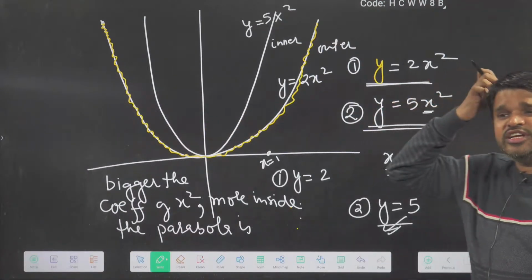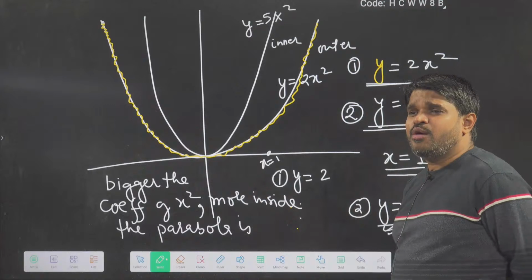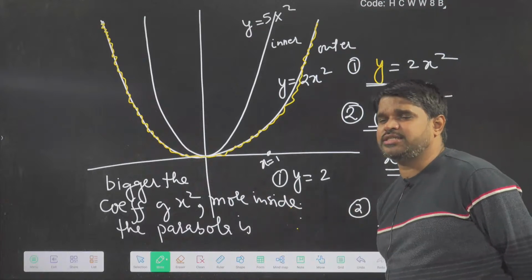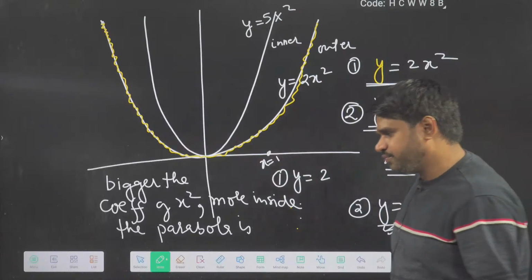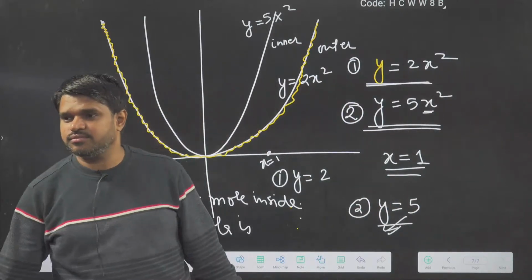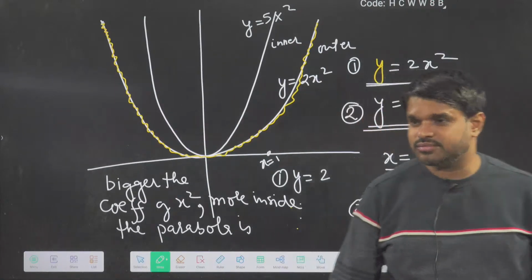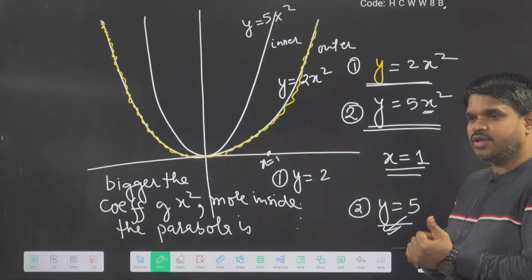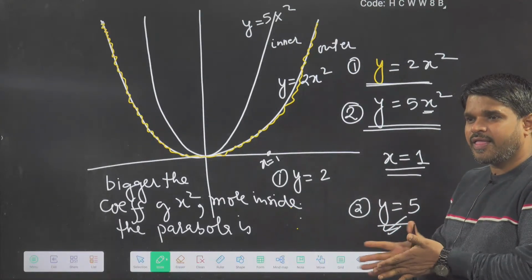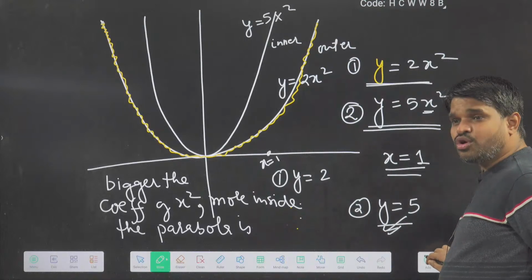Bigger the coefficient of x squared, more inside the parabola is. Write it fast. We will do one more comparison. Done.